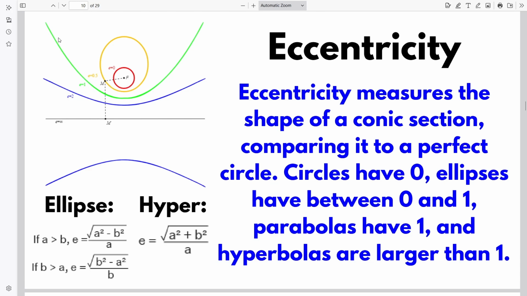The parabola is 1, where it's just barely too stretched out to close in on itself. And then the hyperbola just elevates that, so a hyperbola would have larger than 1. There are these formulas, and you can remember them: for ellipses it's minus, for hyperbolas it's plus. And this special stuff is just to make sure that the square root is positive, so there are no imaginary eccentricities.